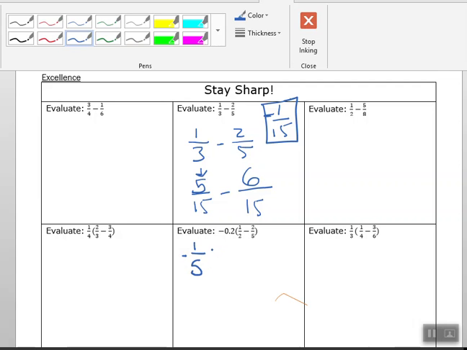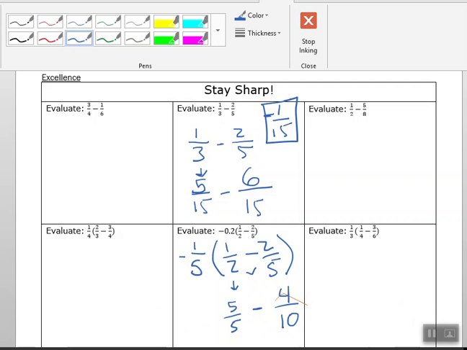Okay, so I have negative 1/5 times 1/2 minus 2/5. Okay, so first I have to work inside these parentheses. So my common denominator is going to be 10. So 2 times 5 is 10. So I'm going to have 5 over 10 minus, and then I had 2 times 5 is 10, minus 4 over 10. So I should get 1 over 10.